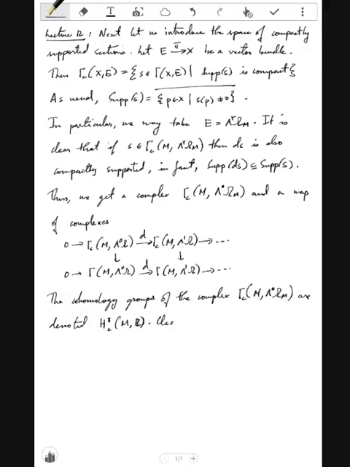So clearly there is a map from compactly supported cohomology to usual cohomology.